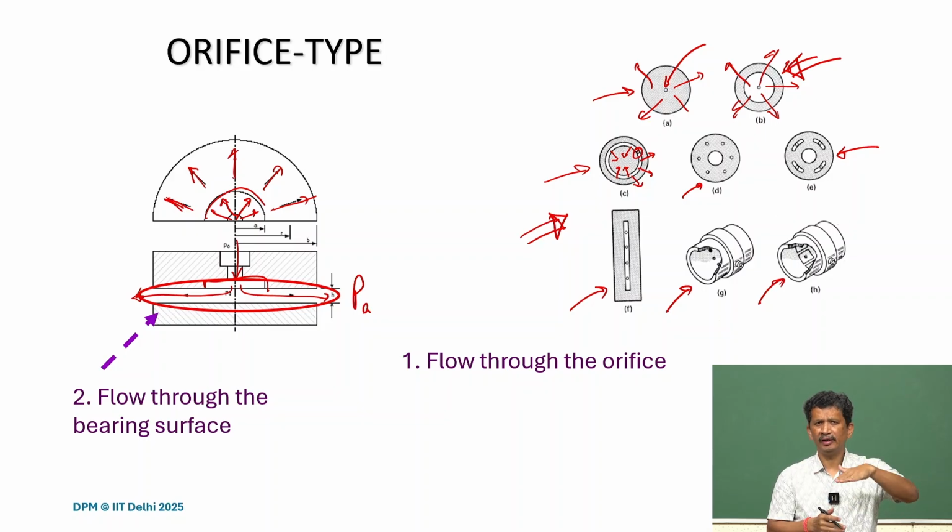And when there is any fluctuation in the load, any dynamic load acting, how these restrictors play a role, I think that is the key to understanding the working principle of these air bearings.